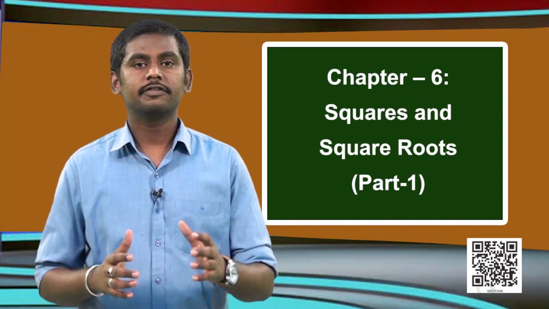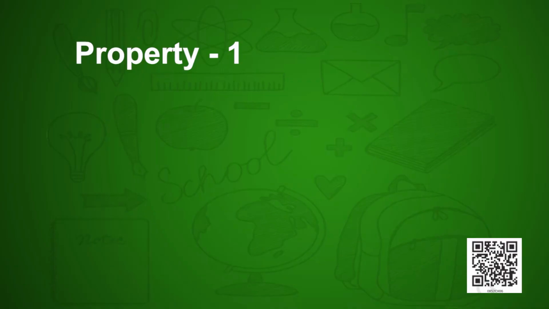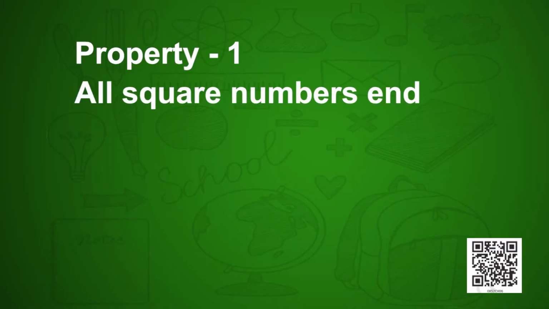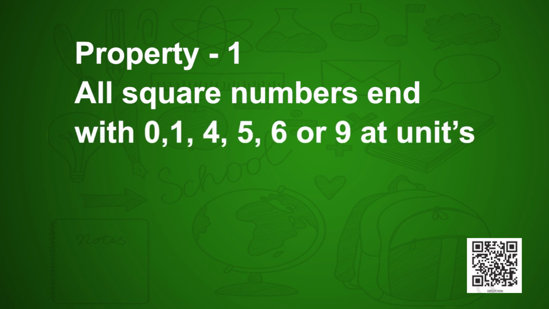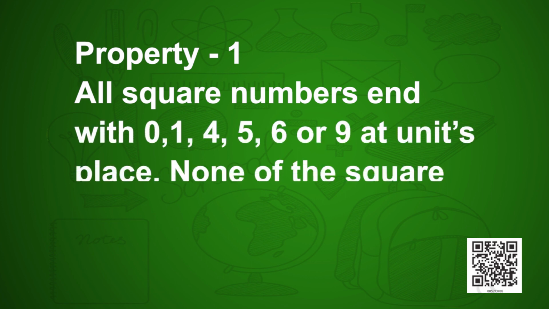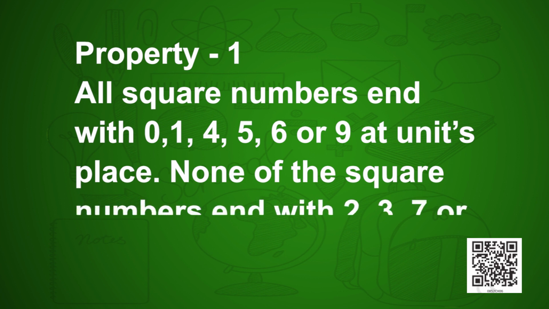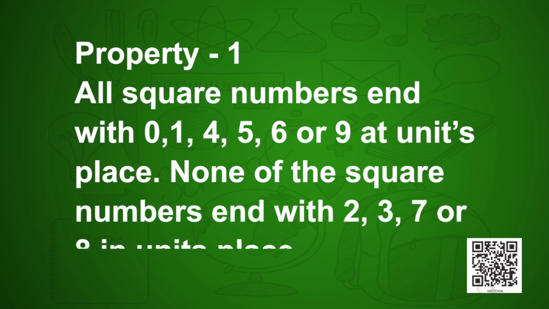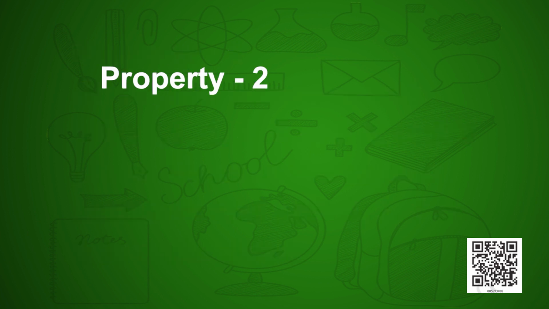Students, let us revise all these 5 properties once. The first property we have observed is that all the square numbers end with 0, 1, 4, 6 or 9 in their units place. We found that none of the square numbers end with 2, 3, 7 or 8, isn't it? Well, let us go to property number 2.